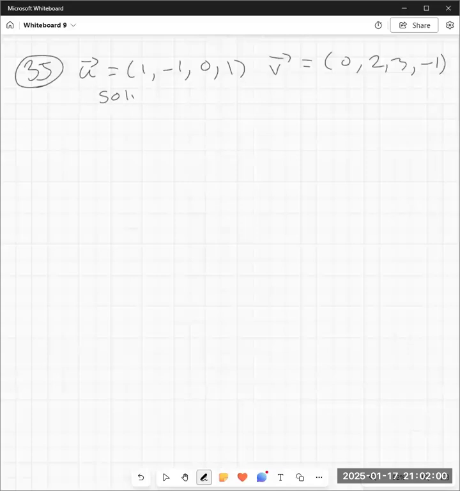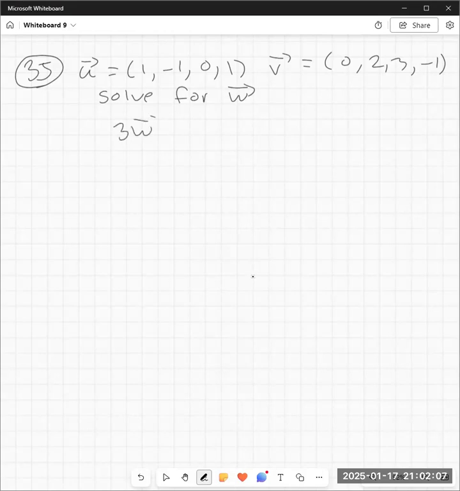We're told to solve for w, where 3w is equal to u minus 2v. So that means that w is equal to 1/3 u minus 2/3 v.